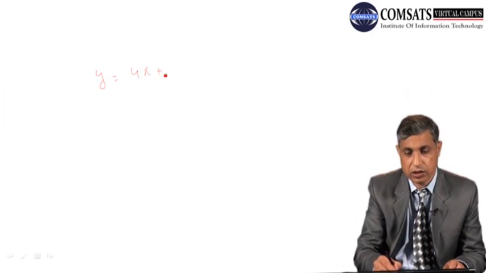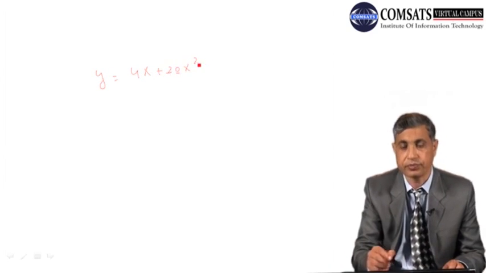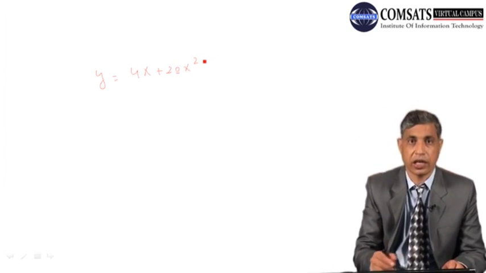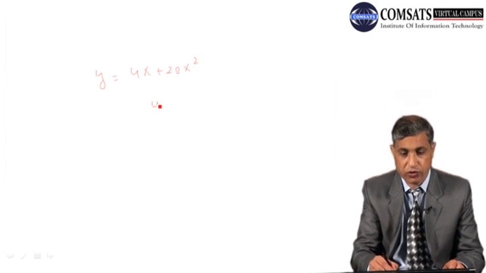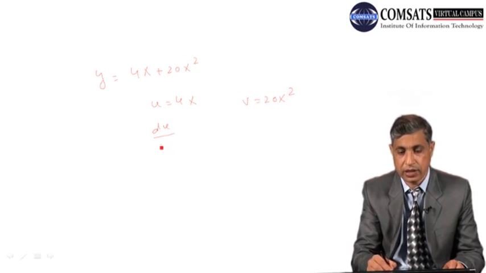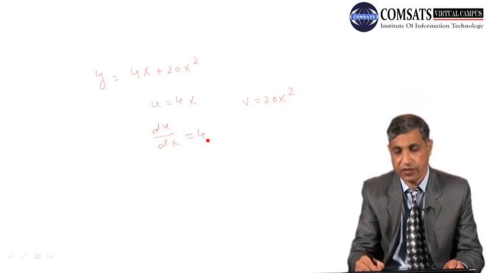For example, I take a function that is y is equal to 4x plus 20x square. Now, as I previously explained, u is equal to 4x and v is equal to 20x square. So what is du over dx here? It is simply 4. And what is dv over dx?